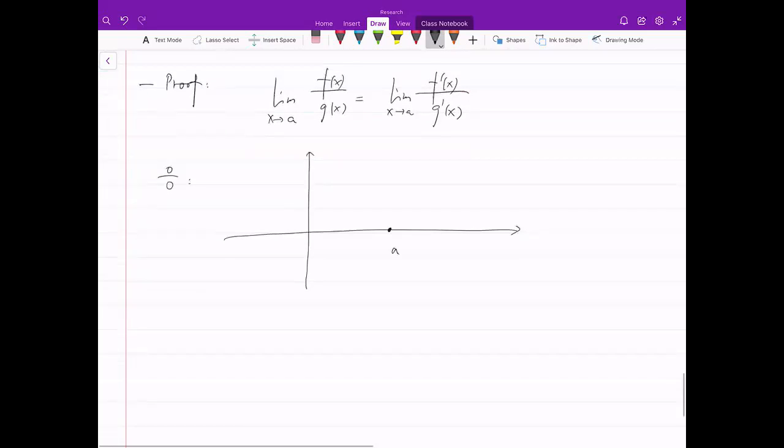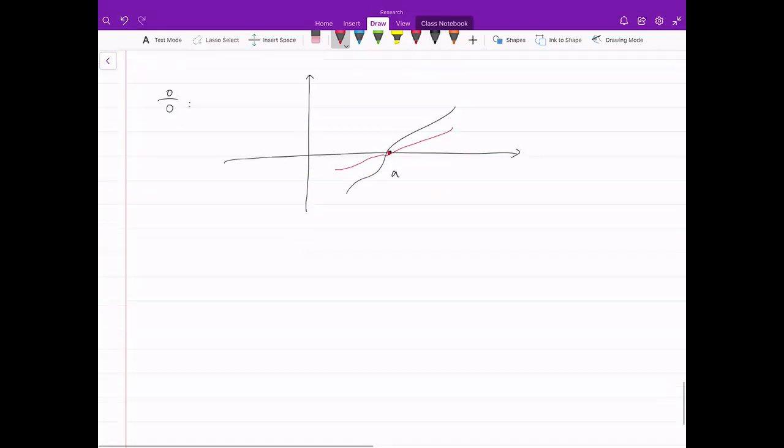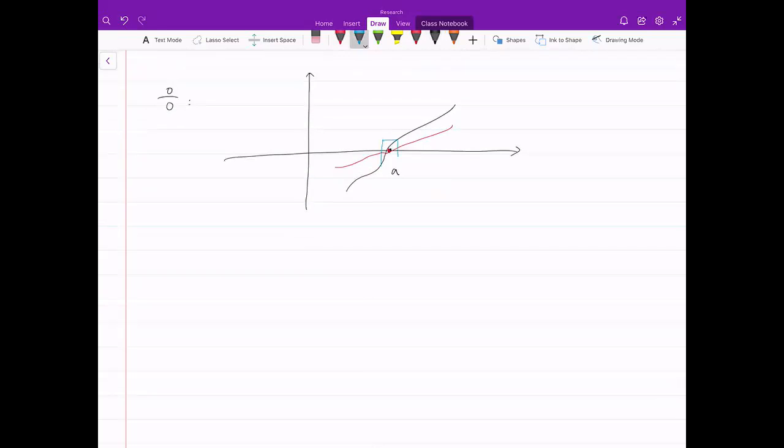This is a. Let's say this is f(x). This is g(x). And you have the 0 over 0 case, so they both pass this point. Good so far? Now what I'm going to do is take this window and make it look larger.